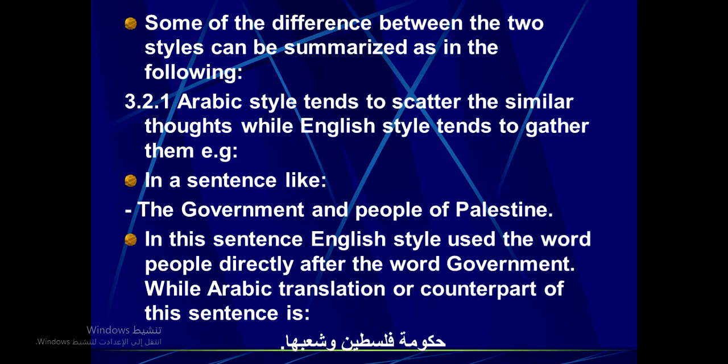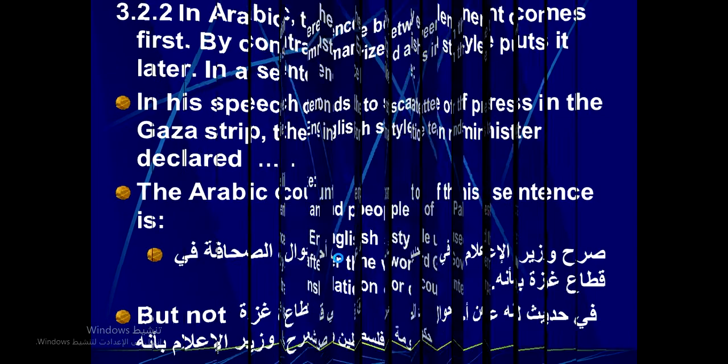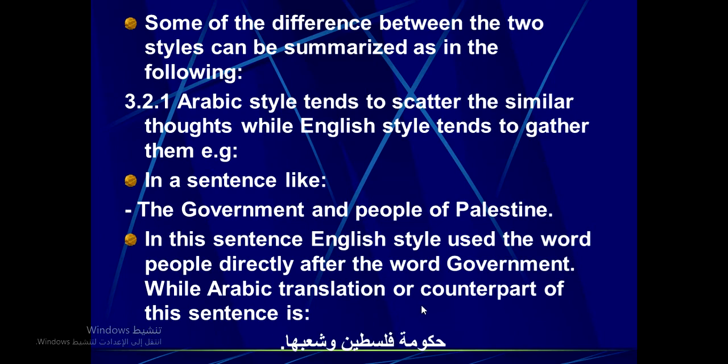Some of the differences between the two styles can be summarized as in the following. First, Arabic style tends to scatter the similar thoughts, while English style tends to gather them together. Let's see this example. The government and people of Palestine. Now, English style uses the word people directly after the word government, while the Arabic translation of the sentence is حكومة فلسطين وشعبها, not حكومة وشعب فلسطين.